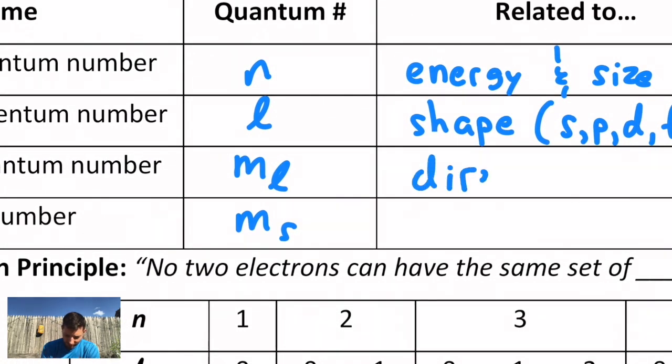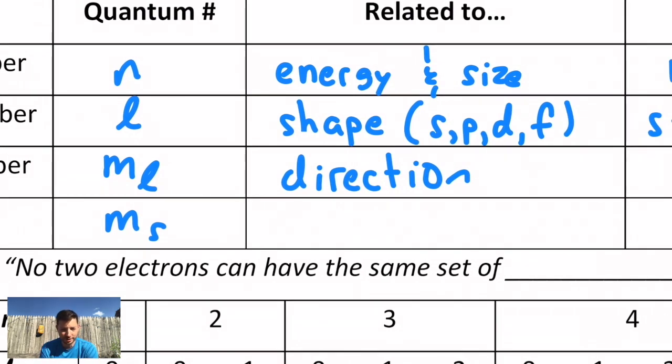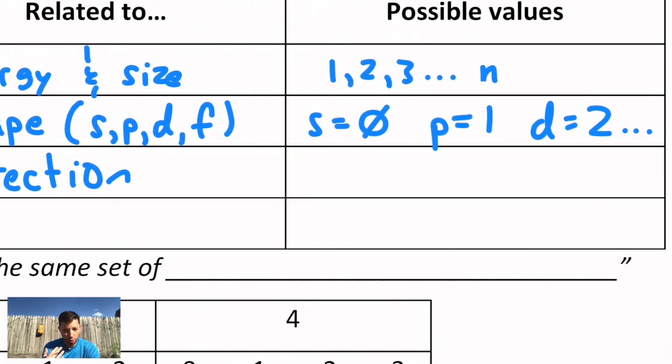The third one is a little bit tougher to describe, but it refers to the direction of the orbital itself. And this comes up when we're looking at the less symmetric orbitals, so namely not the s orbital. The s orbital is spherical and completely symmetric about the nucleus. But remember, those p orbitals have direction. They can be along the x-axis, the y-axis, or the z-axis, and we give them different quantum numbers. You can actually just relate it and think back to orbital diagrams.